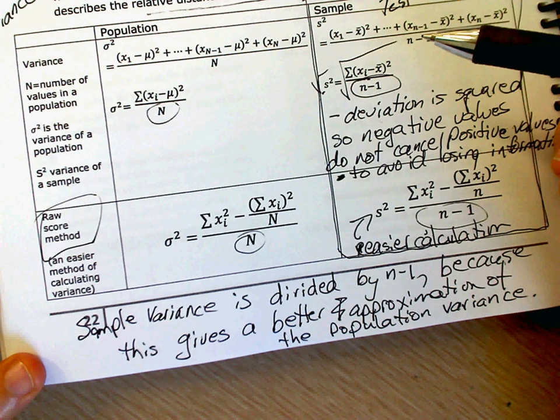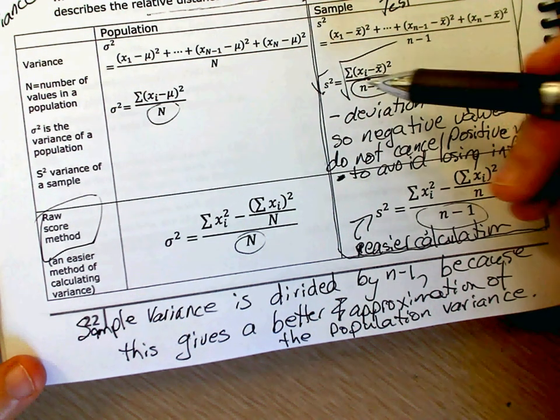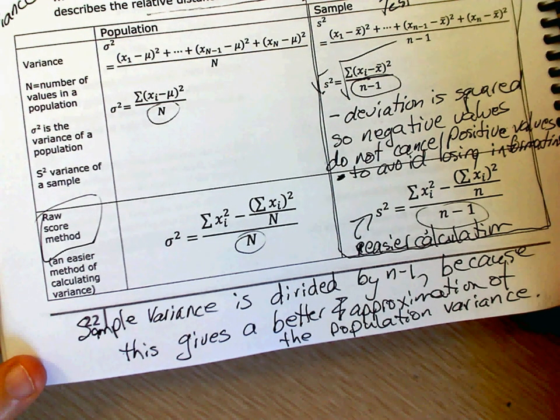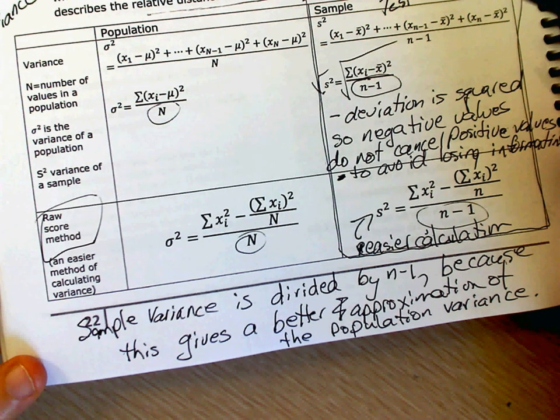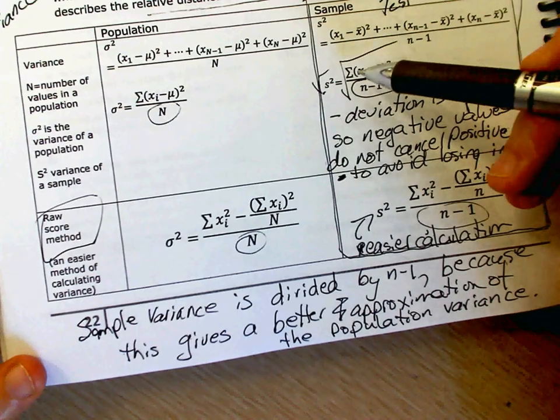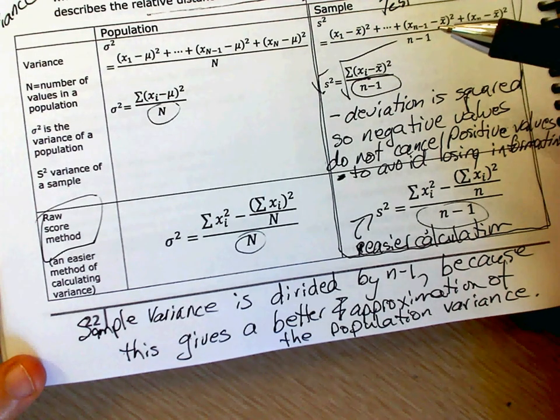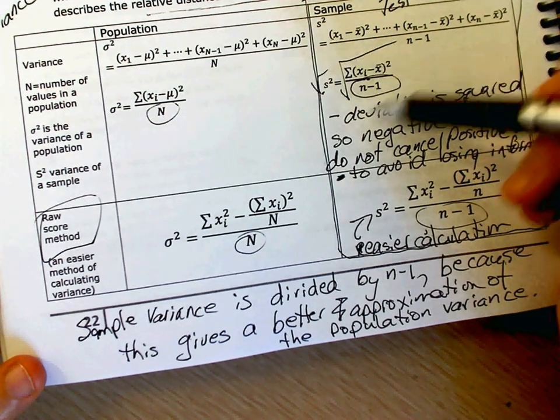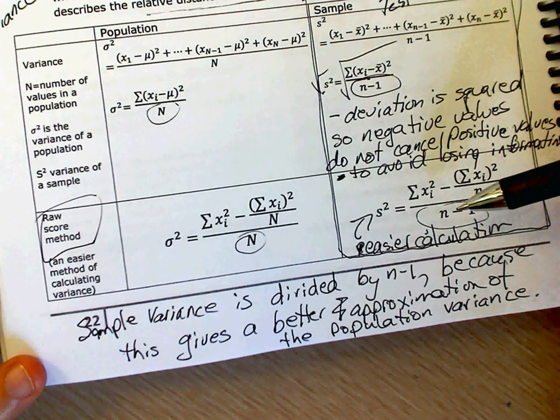And also, is the raw score method derivable from the first? Yes, there is a way to derive this, probably on the internet, but I haven't ever derived it. You have to know summation notation, so there's some pretty fancy work to go from here to here.